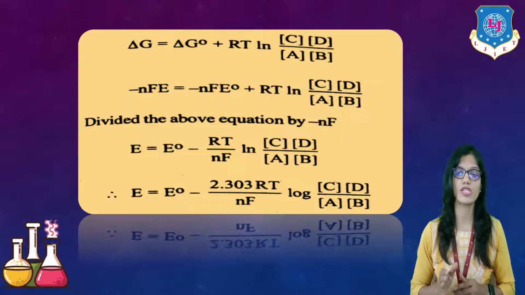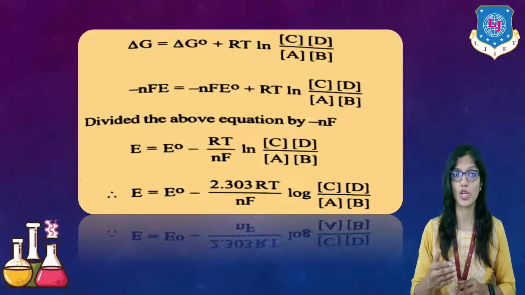If we divide the equation by minus nF, what we get is E is equal to E0 minus RT by nF into ln of concentration of C into concentration of D divided by concentration of A into concentration of B. The nF and minus nF got cancelled there, and when you put that value, we have this equation. Now what we need to understand is that when you do this, ln will be converted to log.